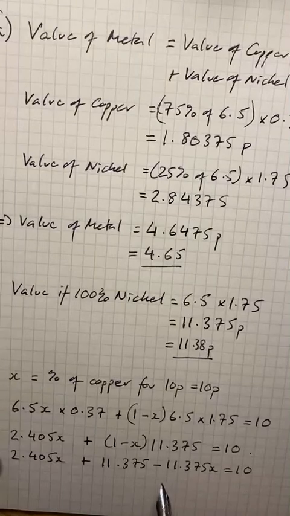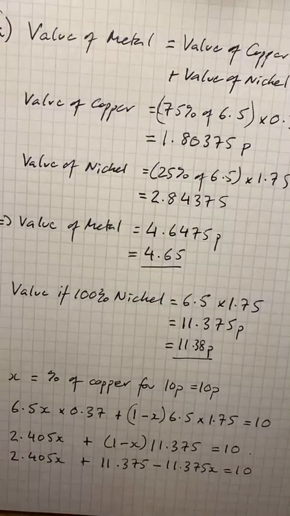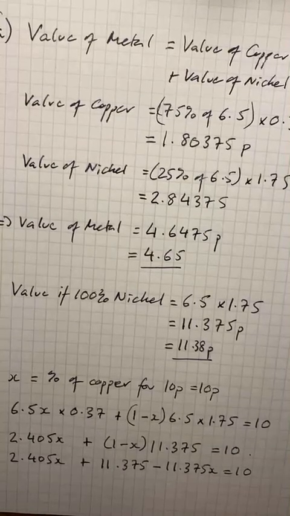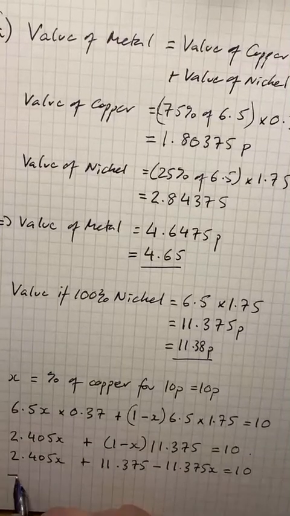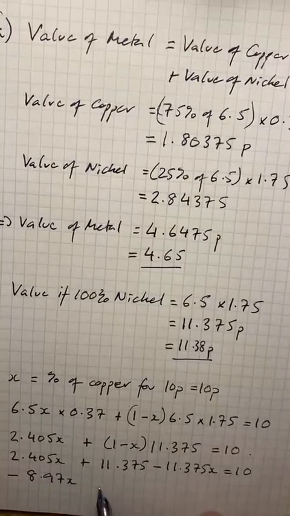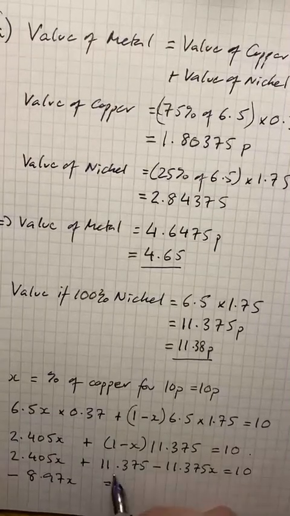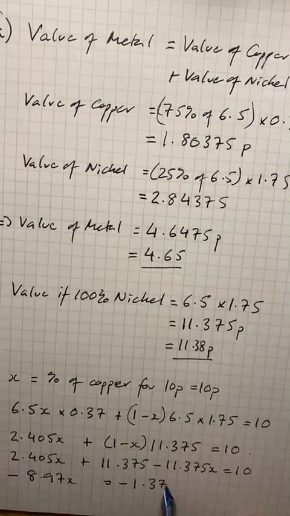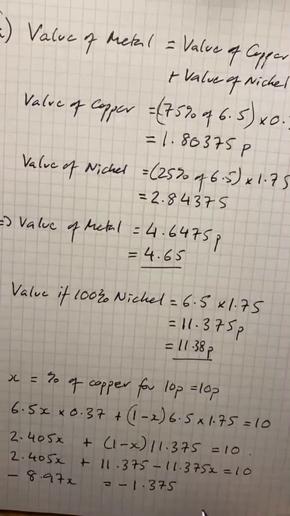Now we can combine these. 2.405 minus 11.375, so we get, in terms of x, minus 8.97x equals, and then we've got 10 minus that, which is minus 1.375.